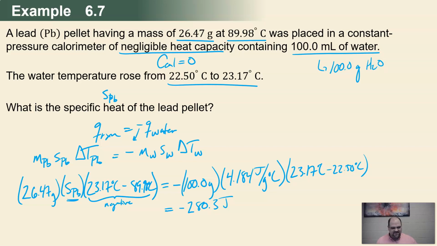And so our negative signs end up canceling out. We end up with a specific heat of lead that is 0.158 joules per gram degree C. Plug that in our calculator, we get a heat capacity for lead 0.158 joules per gram degree C.